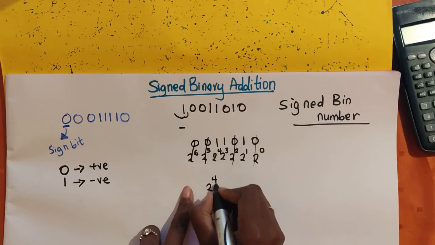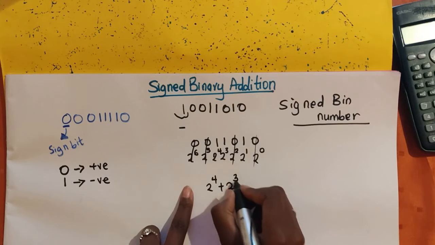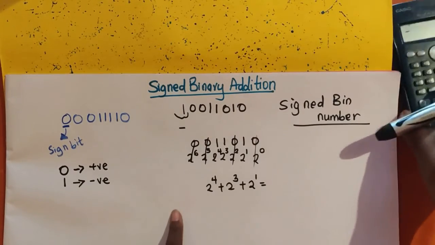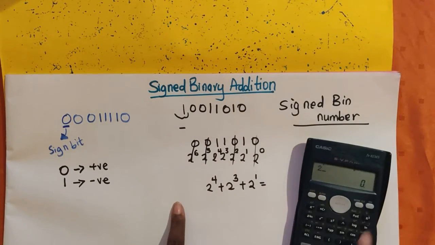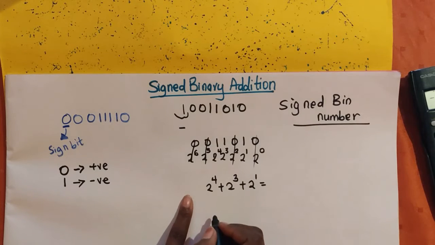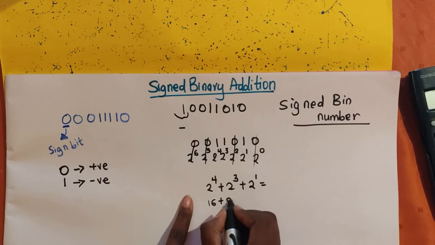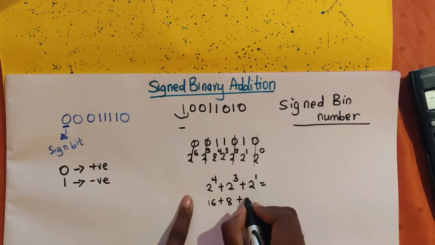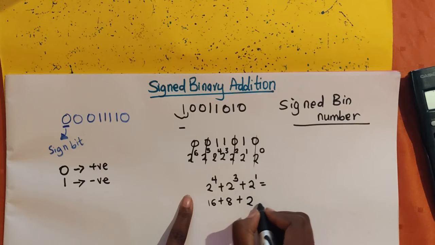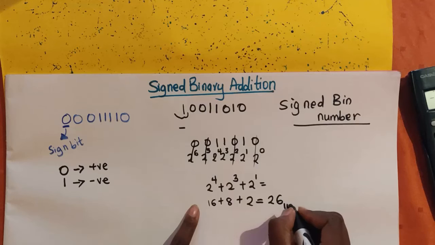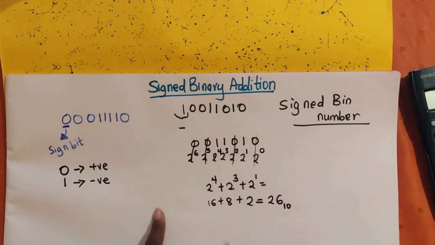So it's 2 power 4 plus 2 power 3 plus 2 power 1, which is equal to, I don't need my calculator to be honest. 2 power 4 is 16, plus 8, plus 2 power 1 is 2. So we have 26, base 10. And since we have our first bit as a 1, then that means this value is negative 26 base 10.